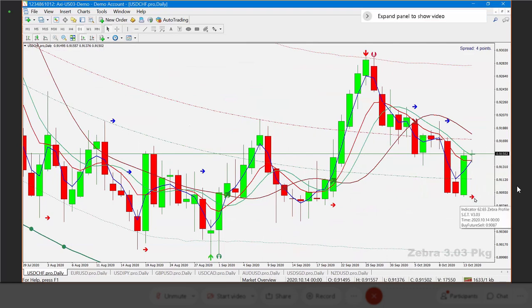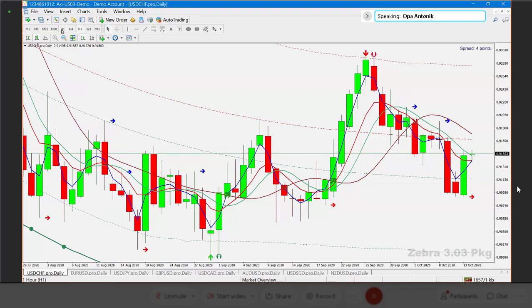And if it does, I'll put my stop at this level, the SET level. However, I'm still trading under the profile. So the profile has not confirmed that we've got a good move to the upside. So this is on a daily.